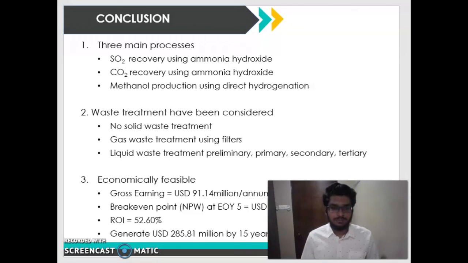Next, for economic feasibility, our gross earning would be USD 91.14 million per annum, the break-even point at end of year 5 would be USD 21.5 million, and return on investment would be 52.6%. It would generate up to USD 285.81 million by 15 years.